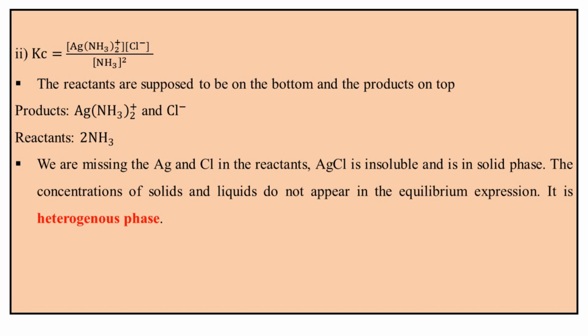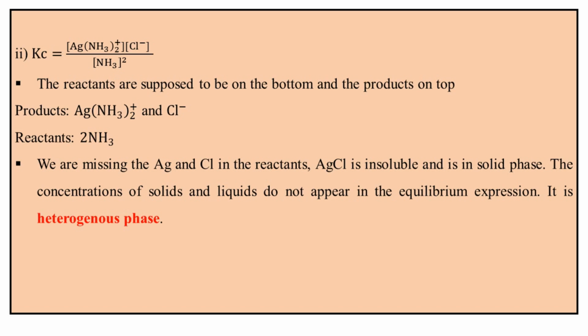Because we are missing silver chloride, that means silver chloride is insoluble. It is in solid phase. So the concentration of solids and liquids does not appear in the equilibrium expression. That is the reason why it is not in the equilibrium expression, because it was given the value of 1.